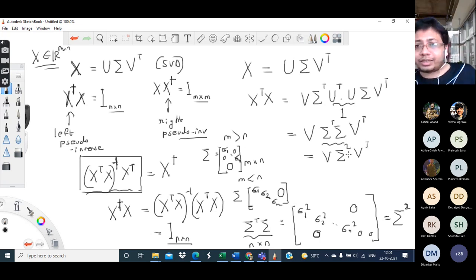Now you can understand that this matrix can be invertible. First of all, tell me under what conditions this is invertible. Under what conditions is this whole matrix invertible, or is it always invertible?